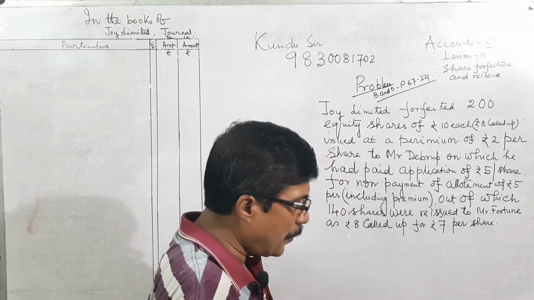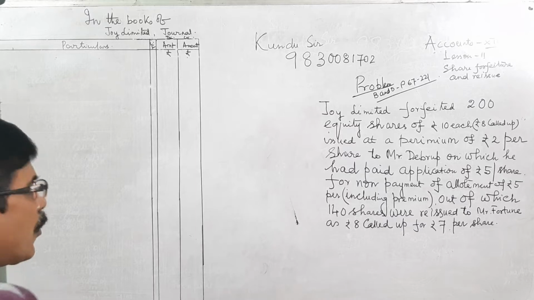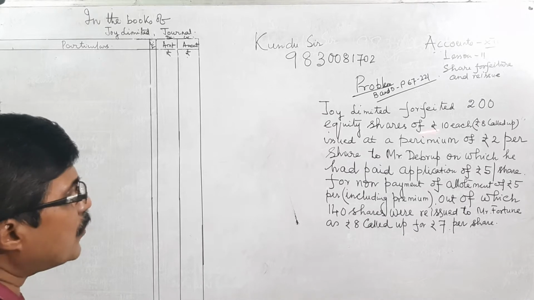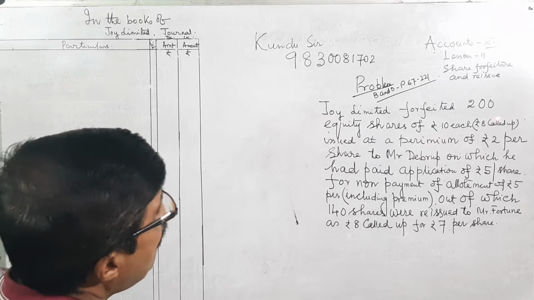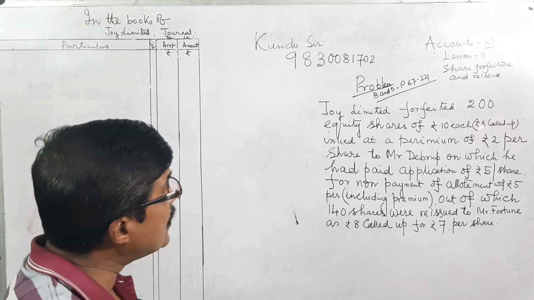Joy Limited forfeited 200 equity shares of rupees 10 each. That means face value of the share is 10 but called up rupees 8.